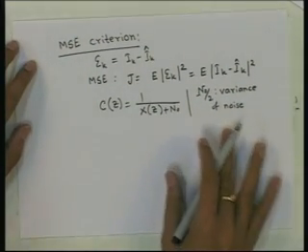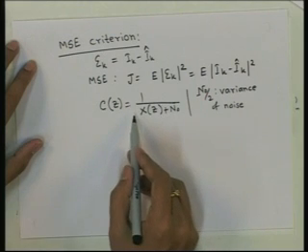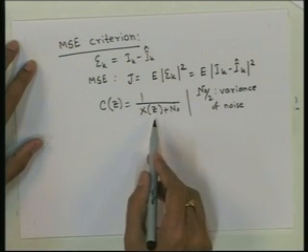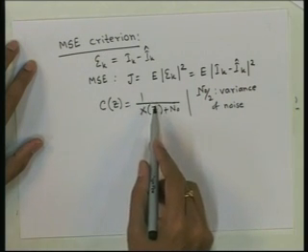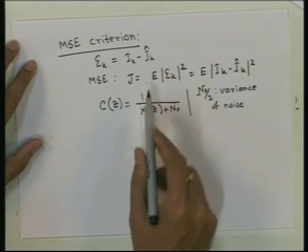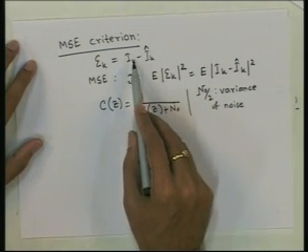Okay. So, this is the filter which minimizes the mean square error between the transmitted symbols and the received symbols.